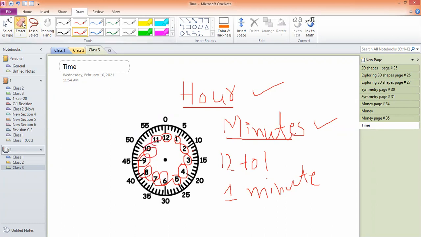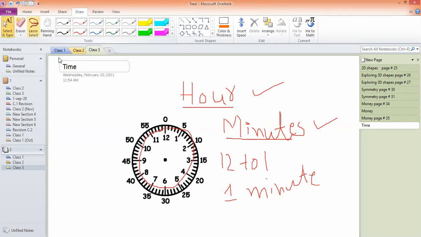These are representing hours. With the help of the inner side of the circle, these numbers are representing hours. If the hour hand is at 12, you will consider it 12, or 1, or 2, 3, 4, 5, 6, 7, 8, 9, 10. So this is representing hour.